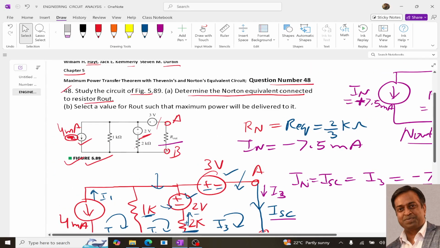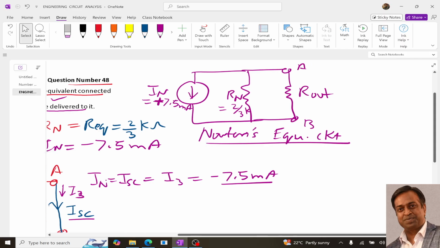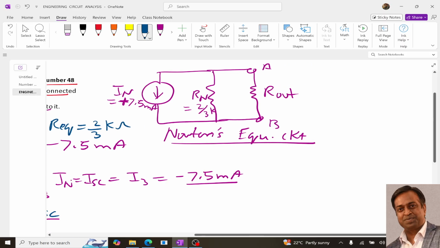So this is the first part of the question, that we need to determine the Norton equivalent connected to the resistor R out. Now the second part is asking to select a value of R out such that maximum power will be delivered to it, right? So once we get a Norton equivalent circuit, from the maximum power transfer theorem we know that maximum power will be transferred to the load resistor only when the load resistor is equal to the internal resistance.